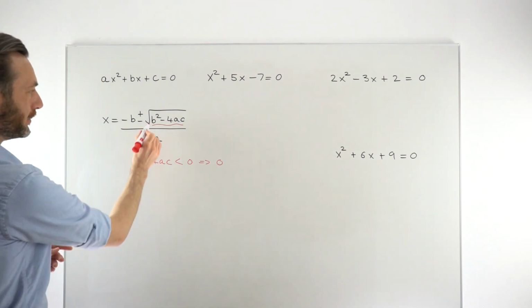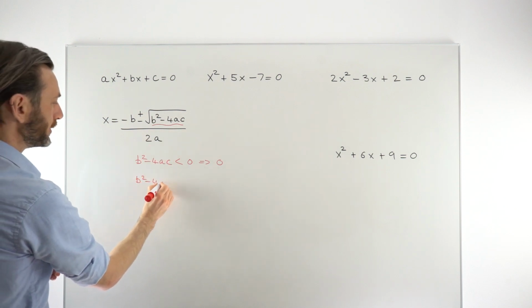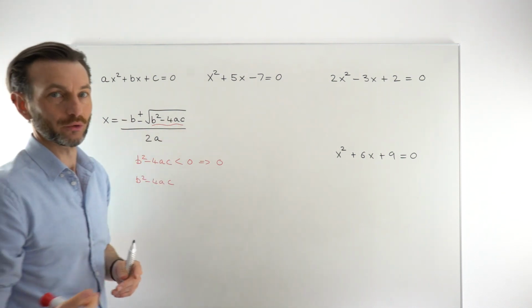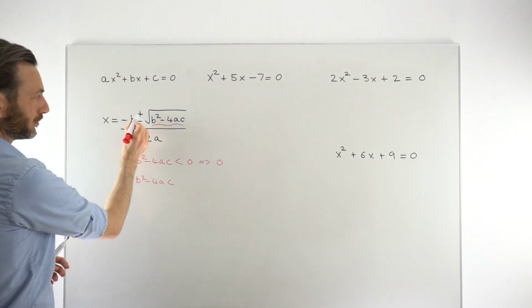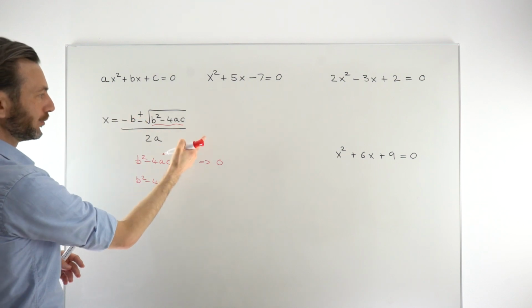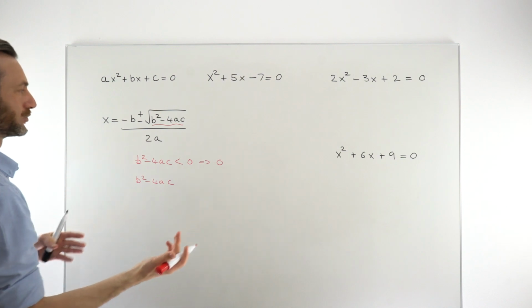If, on the other hand, the b squared minus 4ac value came out to be 0, then the square root of 0 is 0. If that happens, the plus and the minus disappear because you're adding or subtracting 0, so you don't add or subtract anything.